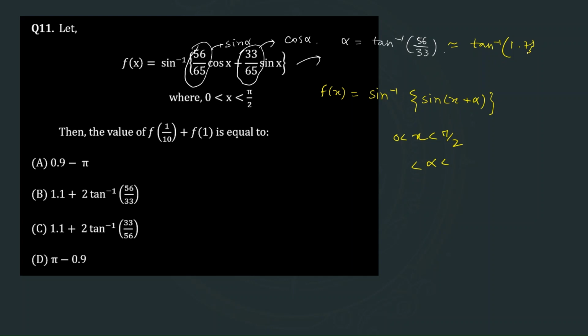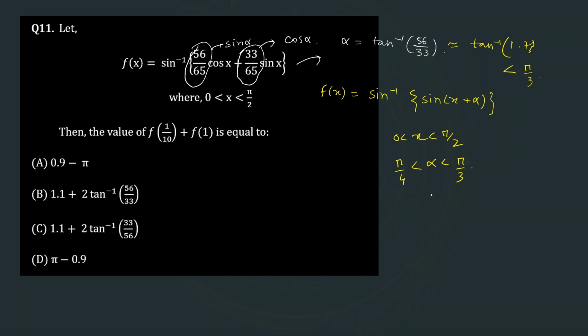So tan inverse 1.7 approximately. This is less than tan inverse root 3 because root 3 is 1.732 and this is 1.7. So this alpha should be definitely less than pi by 3. And alpha should also be greater than pi by 4 because tan inverse 1 is pi by 4 and this is definitely greater than 1. So alpha lies between pi by 4 to pi by 3.